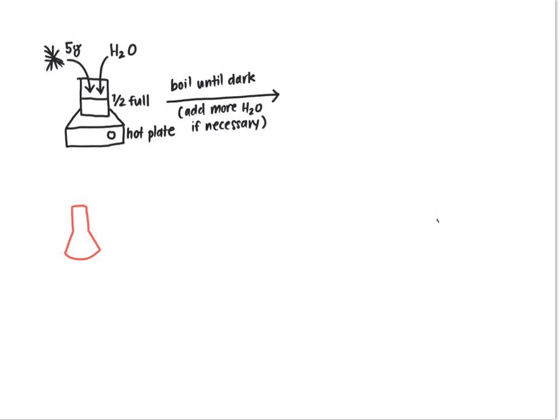So this is what an Erlenmeyer flask looks like. We're going to use 3 of them, and we are going to sterilize in boiling water. Step 6 is to sterilize a solid rubber stopper and a 1-hole stopper by wiping with alcohol.